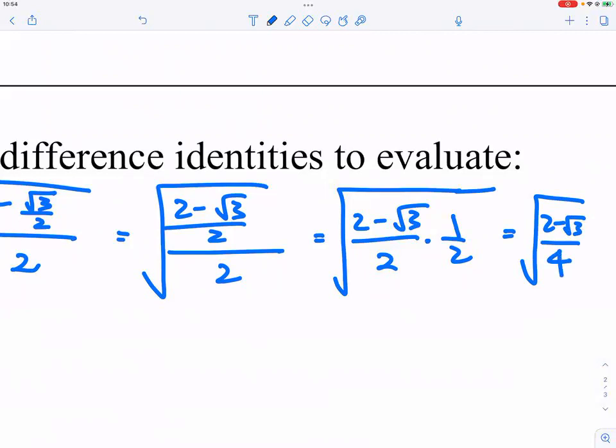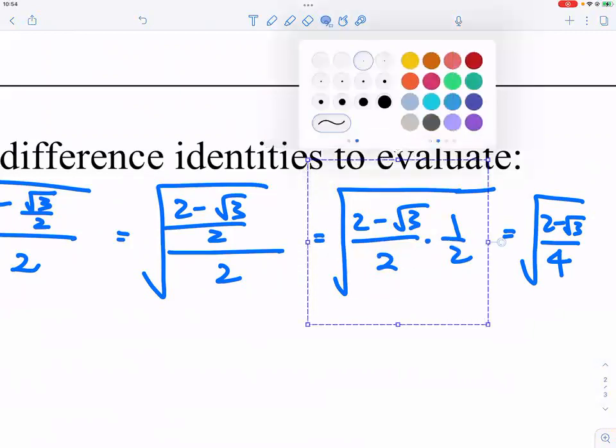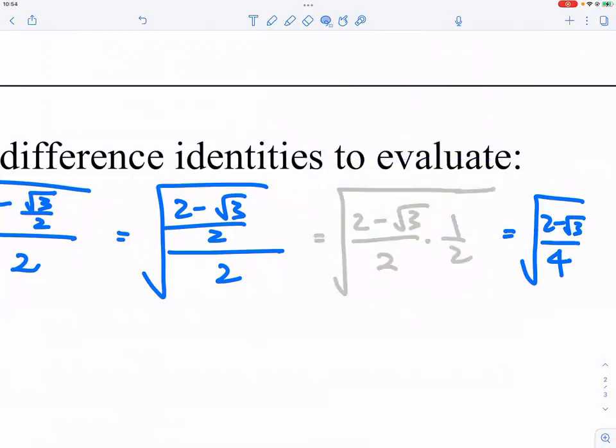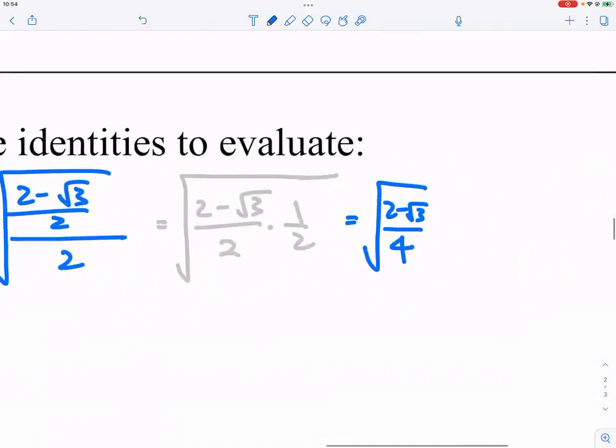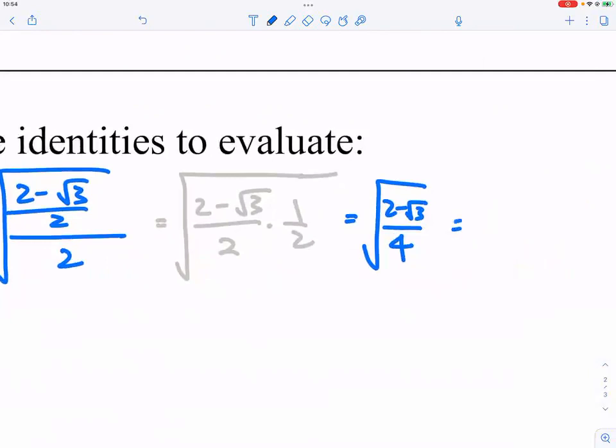So I would suggest you skip this step, do this in your head, and go straight to here. Okay, try to make it happen. That will serve you very well when you go to calculus. And that gives you 2 minus root 3 all underneath the gigantic square root over 2.